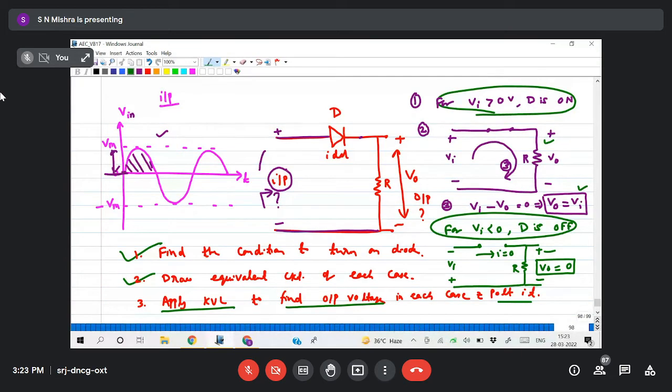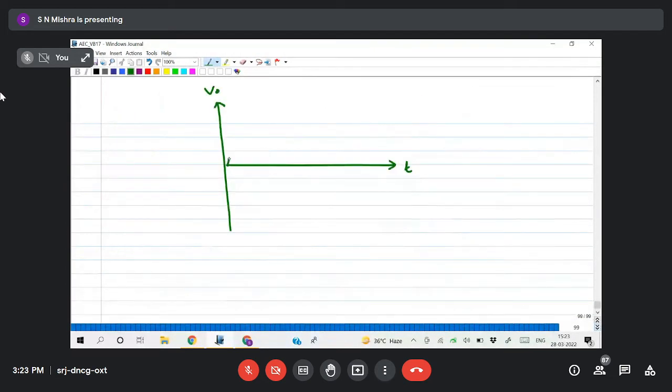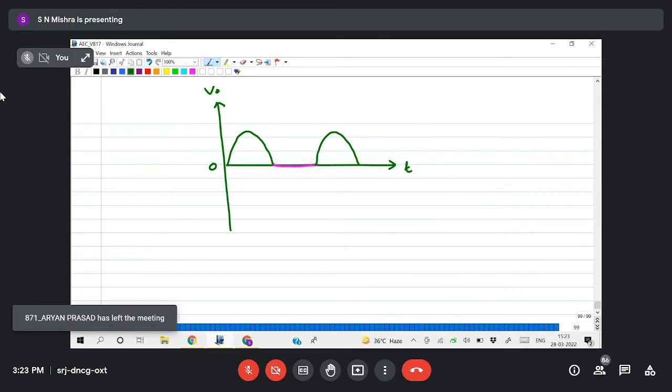We need the positive high side. For the positive half cycle we are getting the output, and for the negative half cycle it is 0. Then again positive half cycle, then again negative half cycle. This is your 0, this is your Vm. So this is your output.